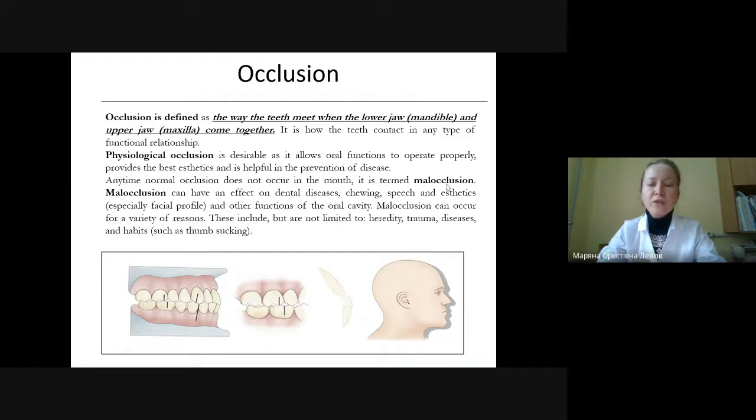Anytime normal occlusion does not occur in the mouth, it is termed malocclusion. Malocclusion can have an effect on dental diseases, chewing, speech, and aesthetics, especially facial profile, and other functions of the oral cavity. Malocclusion can occur for a variety of reasons. These include, but are not limited to, heredity, trauma, diseases, and habits. An example, thumb sucking.